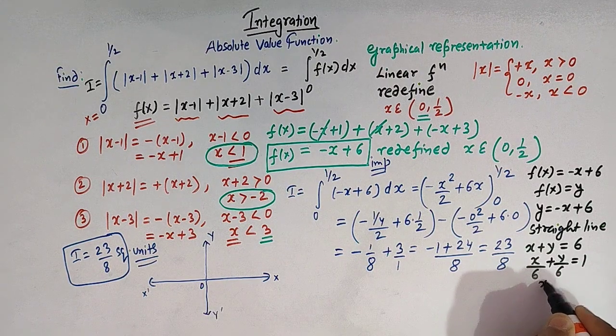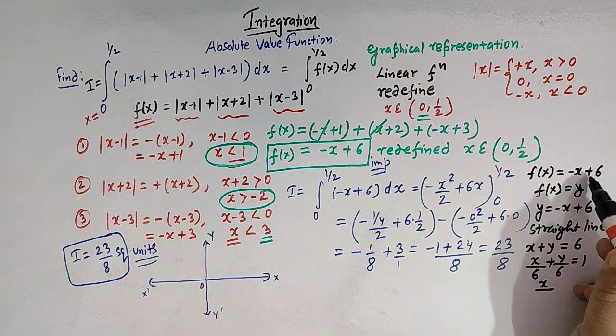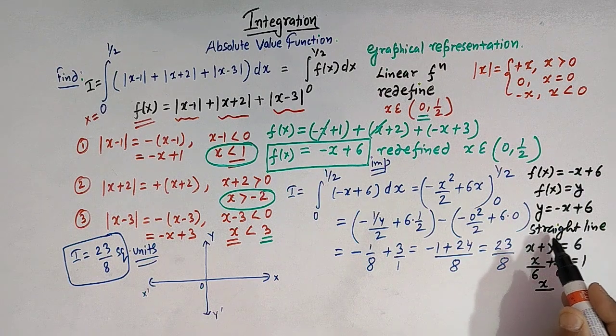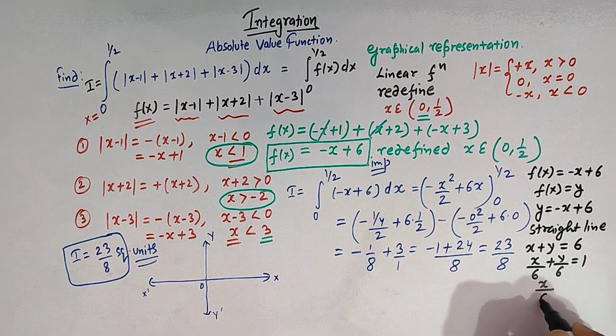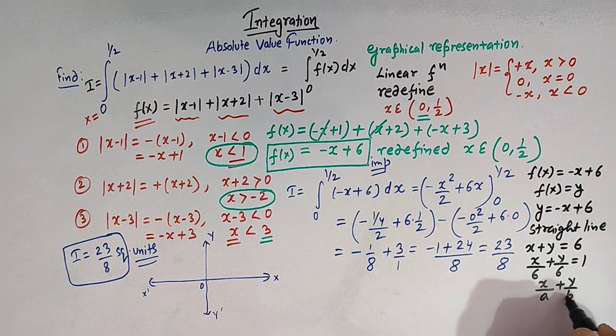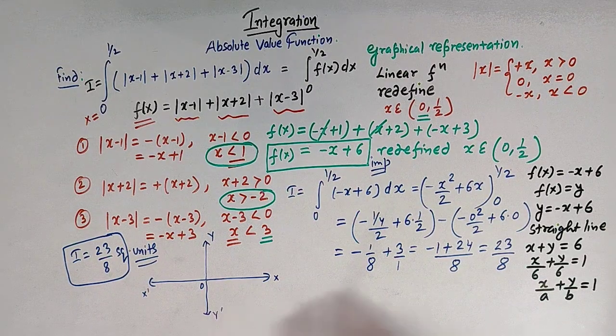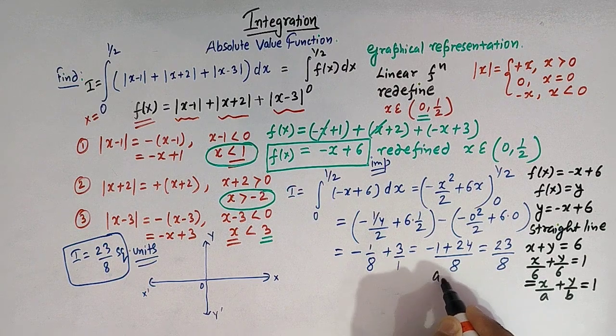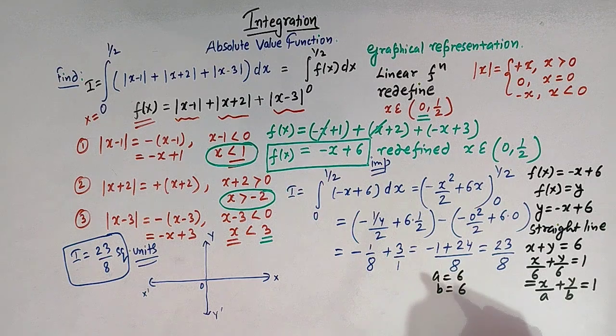So here we have represented this function in the intercept form of the straight line. So we have x over a plus y over b is equal to 1. So the x-intercept is 6, and the y-intercept is also equal to 6, right?